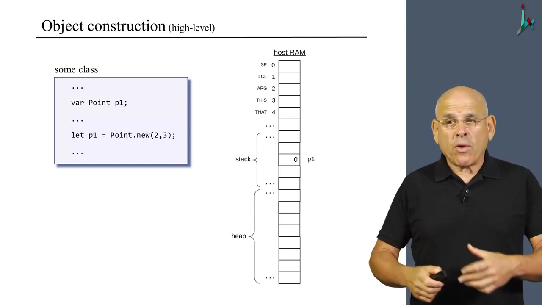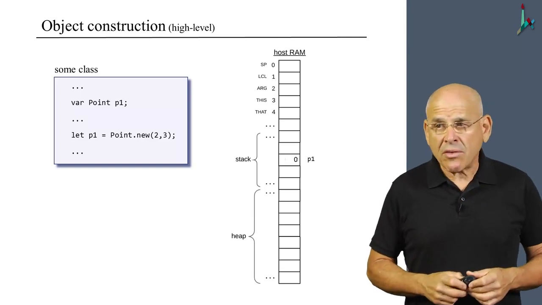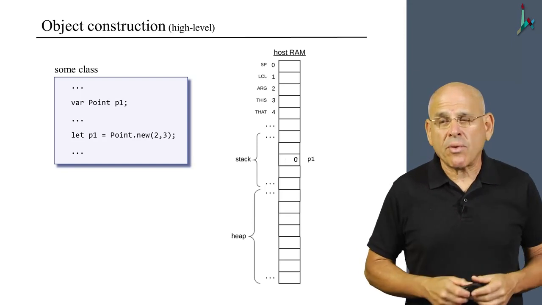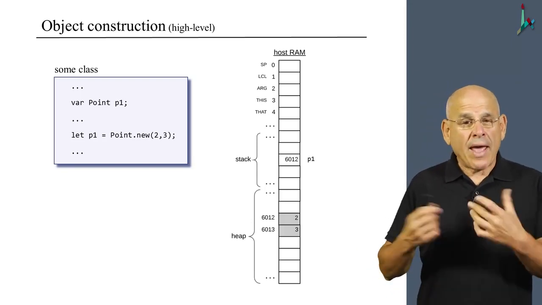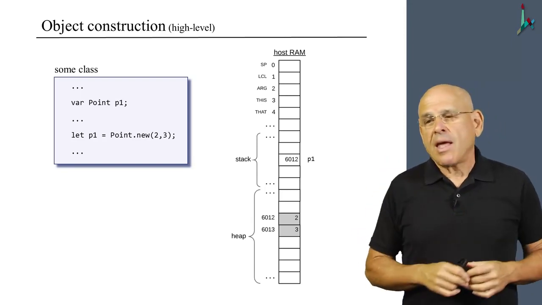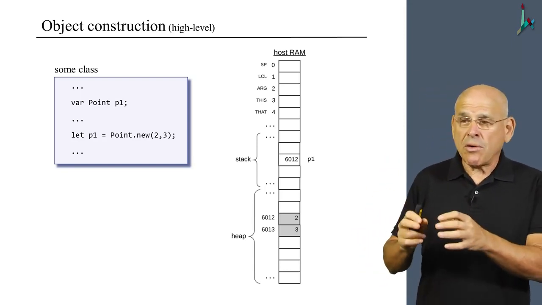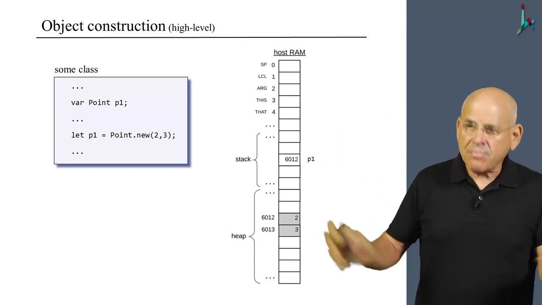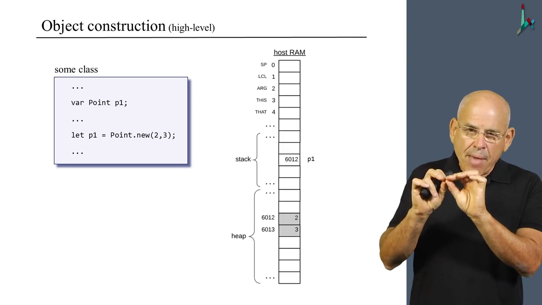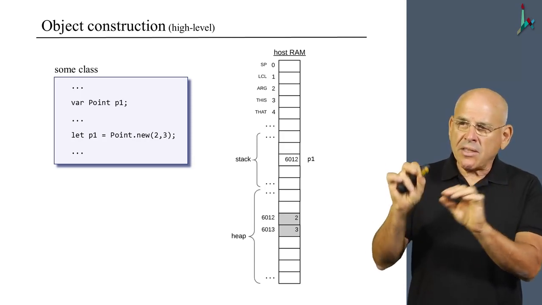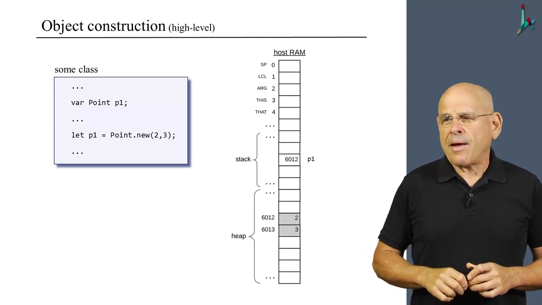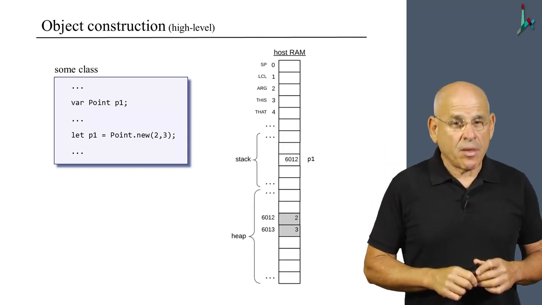And then later on, when we actually call the constructor, the compiled code that will start running will end up creating the object proper on the heap. And the same code will also, well, not necessarily the same code, but the two classes running together will end up taking the base address of the newly created object and storing it in what we assigned previously, the P1 variable.